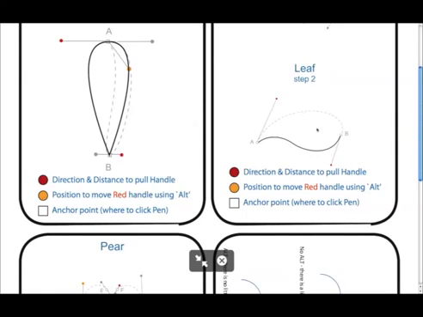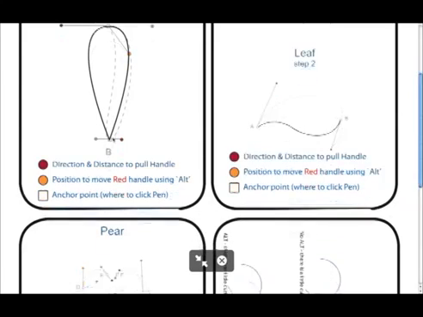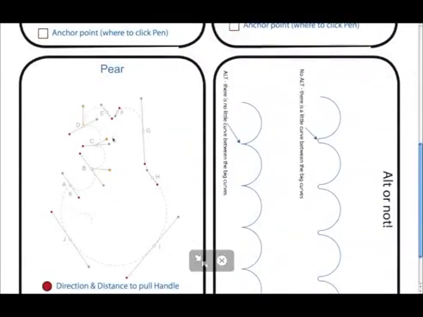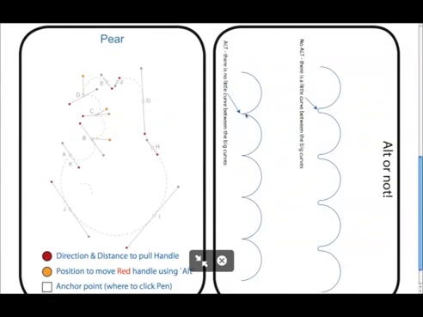So there's a more complex leaf there, a petal shape here. If you really want to challenge yourself, there's a pear with a bite taken out of it. You can always have a go at that one. And just to get a little reminder of what the Alt key does, rather than relying on the handles, where every curve has to go in the opposite direction of the previous curve because of that handle that's trailing.